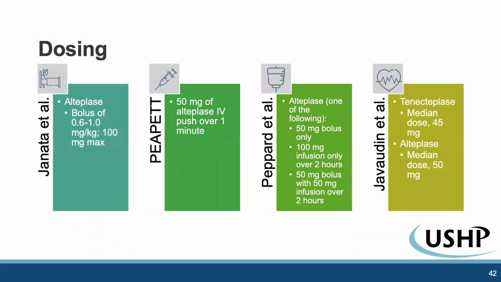But we're really seeing alteplase 50 milligrams being the go-to dosing in these articles. And of note, we do see alteplase at a max of 100 milligrams. But really highlighting the 50 milligram bolus, and then tenecteplase, in which they used a median dose of 45 milligrams in the last study here.